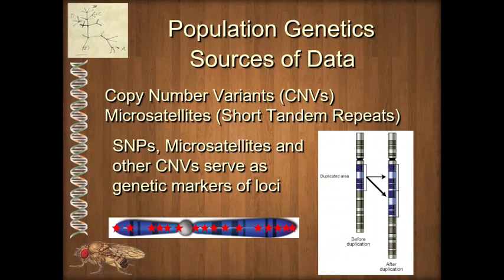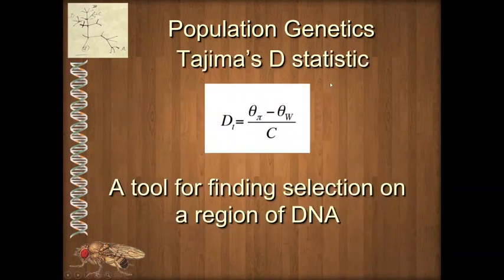All right, two more statistics that you need to know. The first is called the D statistic, or also Tajima's D statistic, because this was the guy that first proposed it, a Japanese researcher. And a D statistic is simply a way to get two independent estimates of genetic diversity. Remember, theta is an estimate of genetic diversity, and there are different ways to calculate it. And so if we use one calculation, don't worry about the subscripts here, they're just to denote the different ways to calculate genetic diversity.